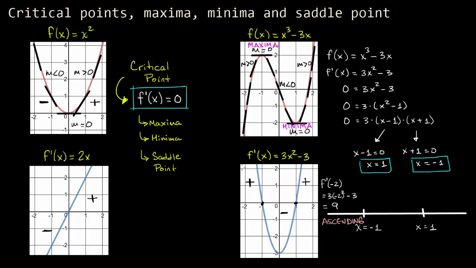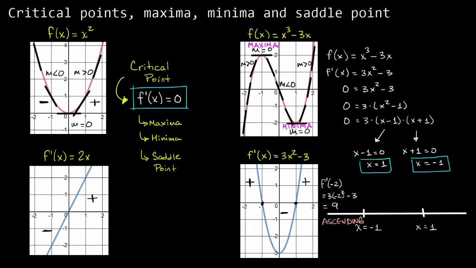And that's why we got this positive area on the derivative graph. Feel free to try it on your own, but if you would have picked here, instead of a -2, a -5 or a -10 or a -1000, it wouldn't matter the number. You will always get a positive number as an output, and that would imply that we'll be ascending the function for all the values up to the -1.